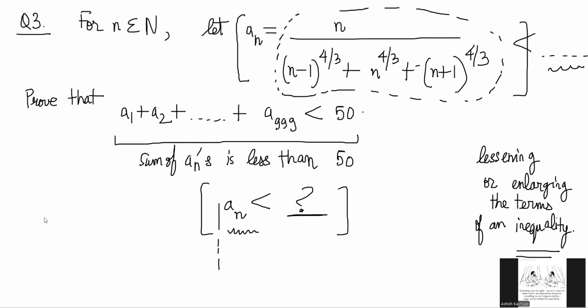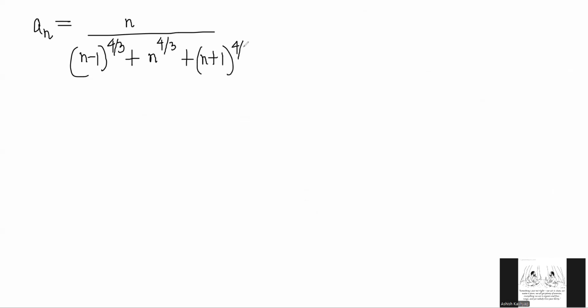So I'll give you a hint for what you can try here. We have a_n is n divided by (n minus 1) to the power 4/3 plus n to the power 4/3 plus (n plus 1) to the power 4/3. This is a very horrible looking term.